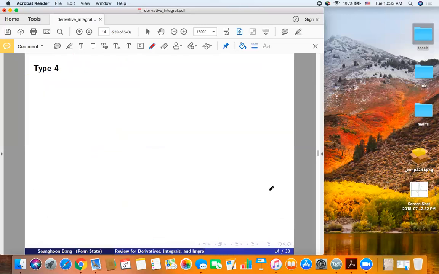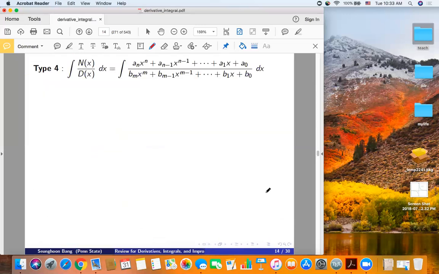Okay, so type 4. Integral of the numerator over the denominator dx. So what does it mean? This is the integral of a rational function, polynomial over polynomial. How can you calculate it? Step 1, you can compare the top power and the bottom power.